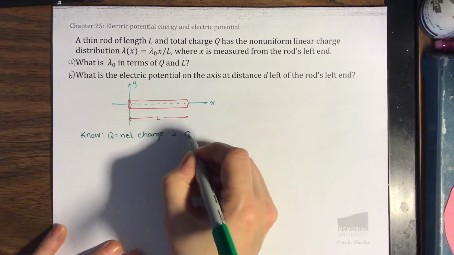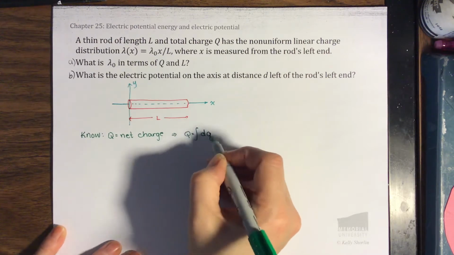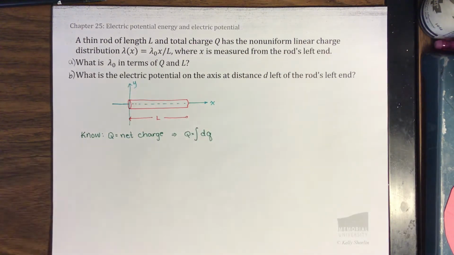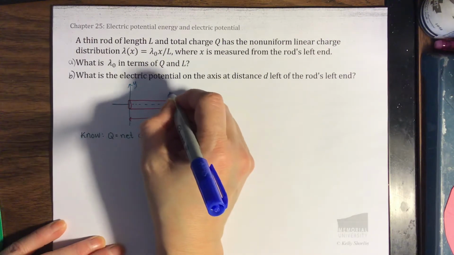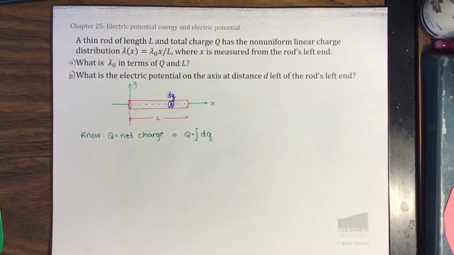So that tells us that our net charge Q is the sum of all the little bits of charge over the length of the rod. Okay, let's identify a dq since we've written it down here. So dq is a charge element on our rod. So if we sum all those up, we'll get the net charge.